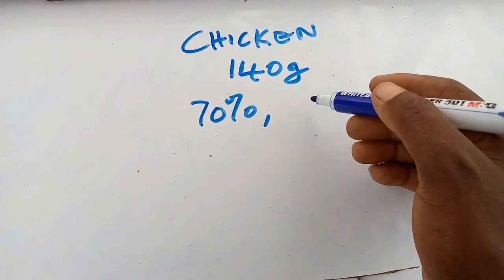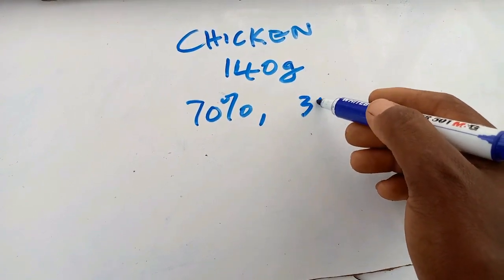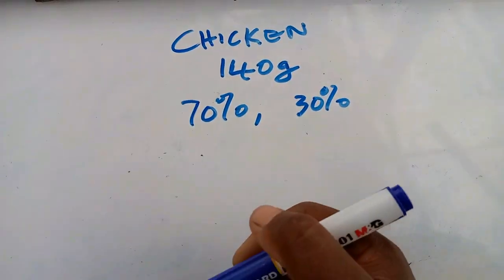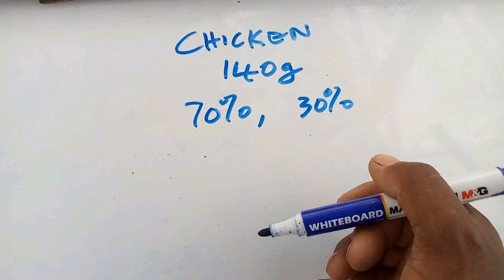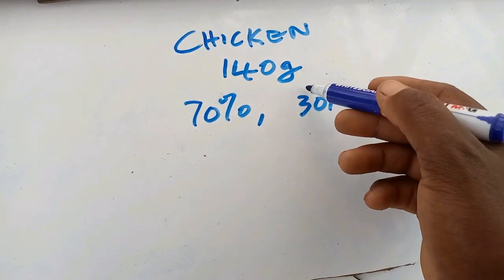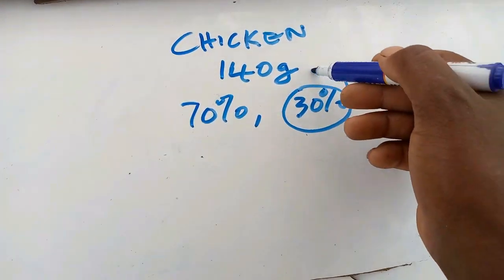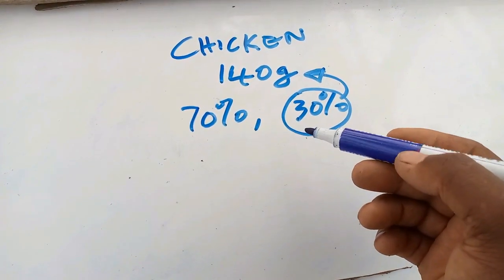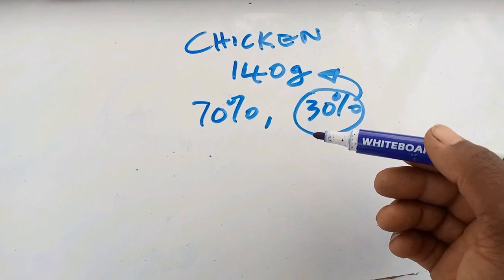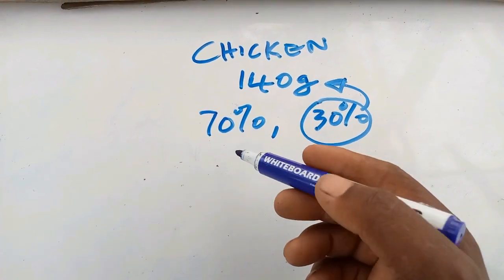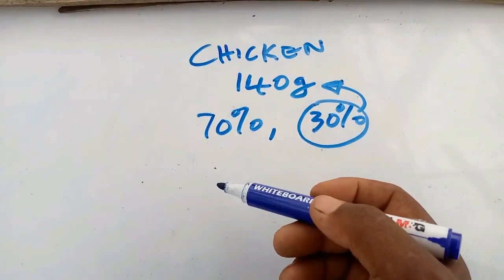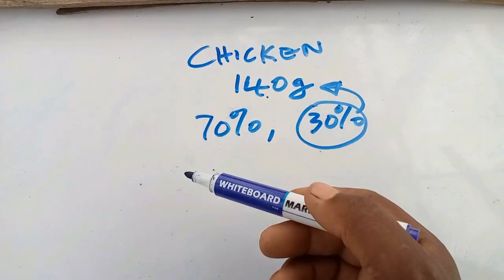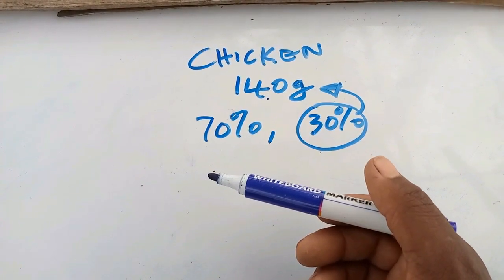For broilers and layers, we can go up to 30% fodder. So you know what 30% of 140 grams will translate to. You also know what 70% of this will translate to.